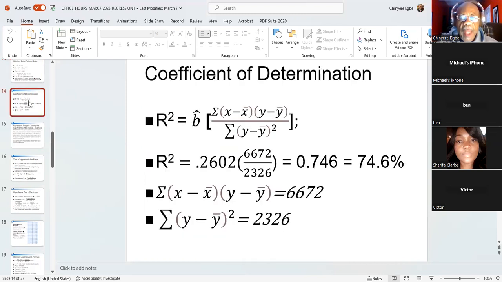All right. So now the next thing is, how strong is the relationship? We have R squared, the coefficient of determination, which is B hat times summation X minus X bar, Y minus Y bar, divided by summation Y minus Y bar squared.